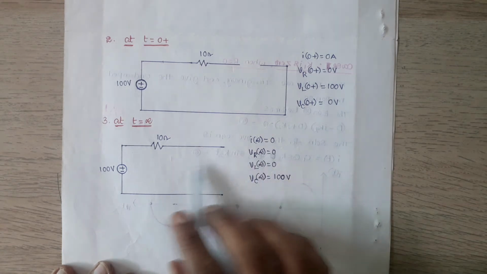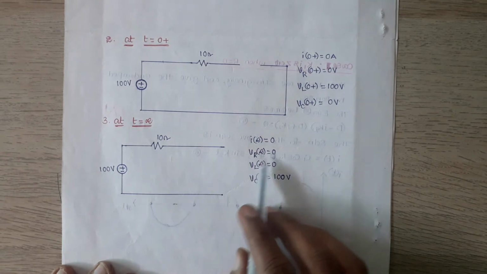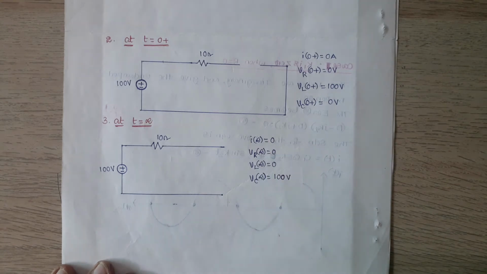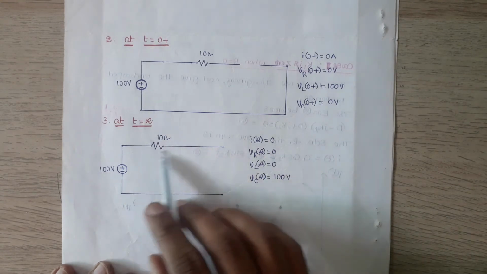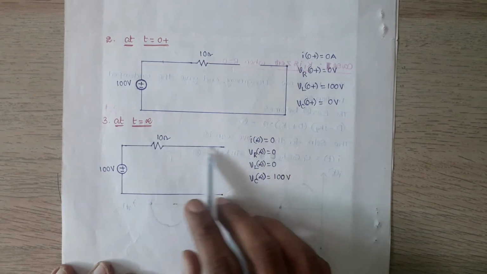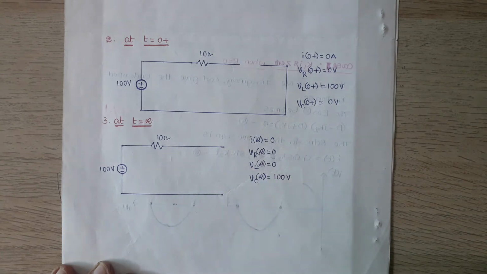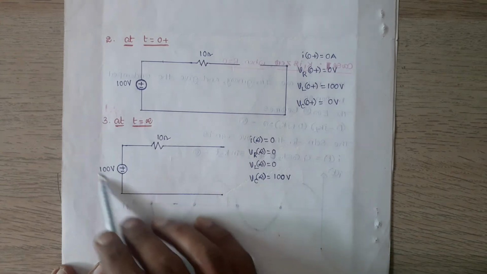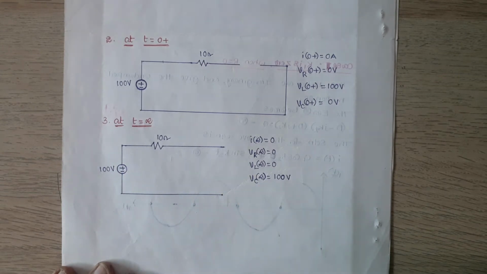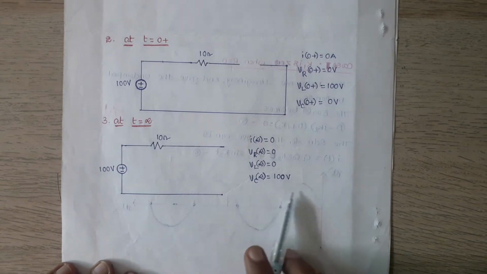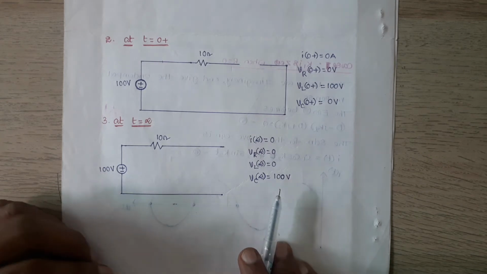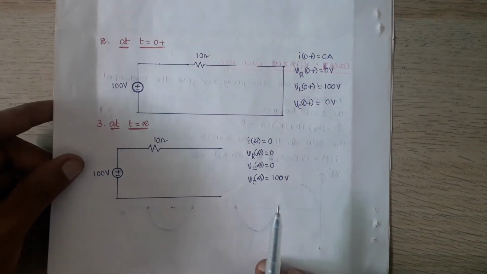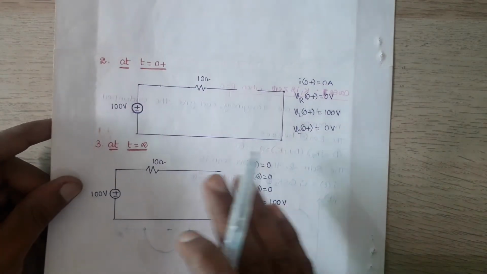As the capacitor is open circuit, current in the circuit is 0, so voltage across the resistor is 0. As the inductor is short circuited, voltage across the inductor is 0. As the capacitor is open circuit, this 100 volts comes across the capacitor. So voltage across the capacitor is 100 volts. These are the equivalent circuits at t equal to 0 minus, t equal to 0 plus, and t equal to infinity, and the related values.